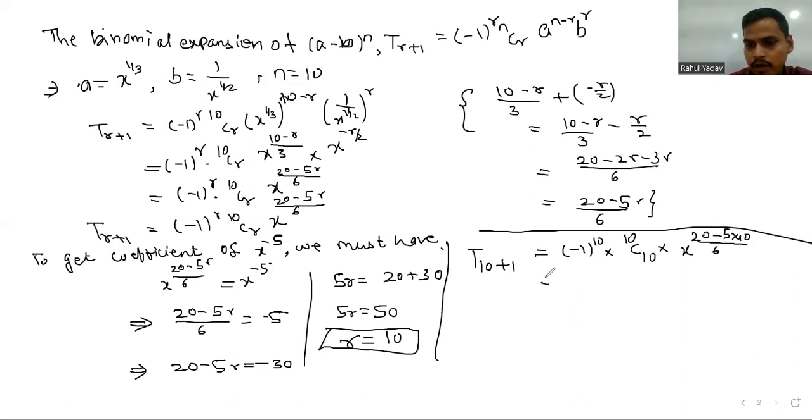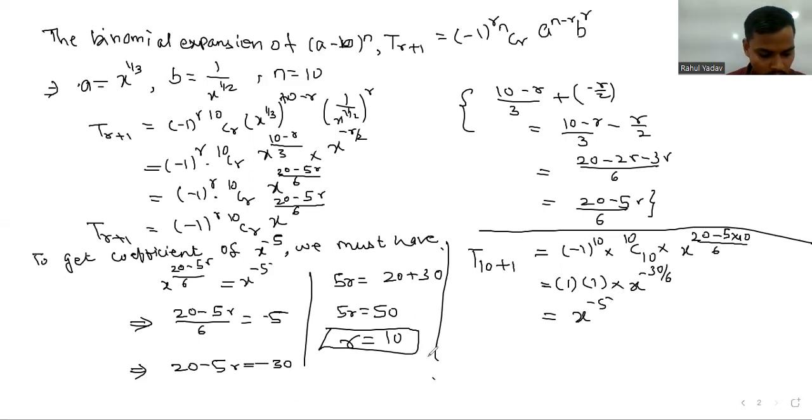In the next step, student, minus 1 power 10 will be a positive 1, 10C10 is also 1. And this we get is x power (20 minus 50), that is minus 30, divided by 6. So what I get is x power minus 5.